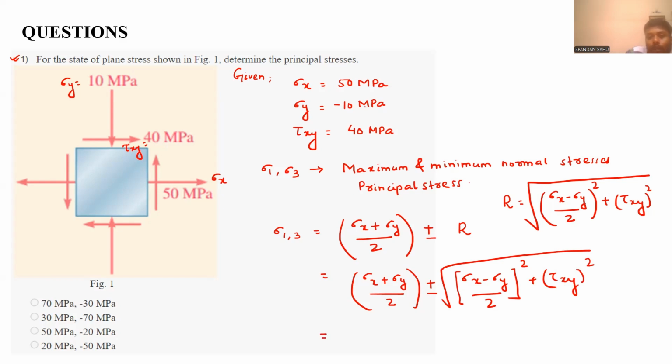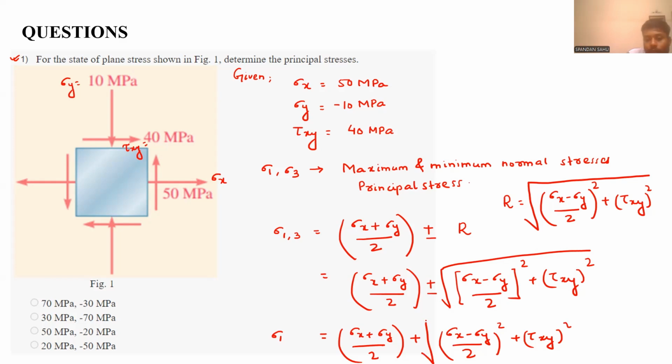So from here, what can be written? Just we have to substitute the value. So we can write sigma 1 equal to sigma x plus sigma y upon 2, and this plus component, sigma x minus sigma y upon 2 square plus tau xy whole square.